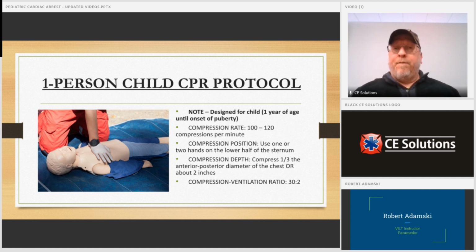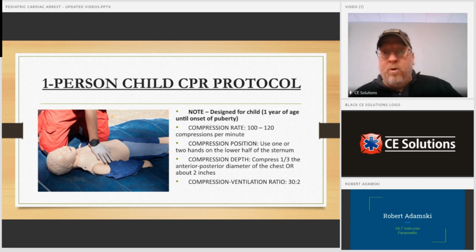But we treat children as children up until onset of puberty. All right. So for one person child CPR, again, our compression rate's the same, 100 to 120 compressions a minute. Now, our position where we place our hands changes.